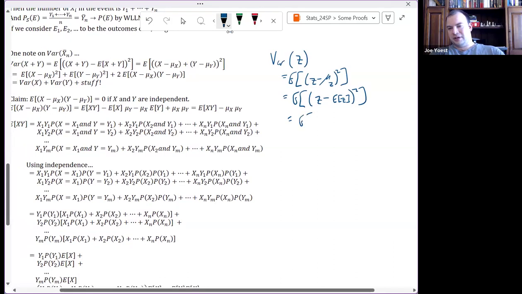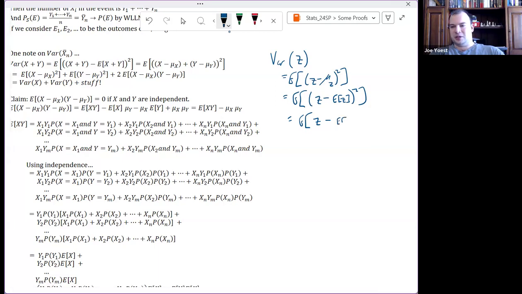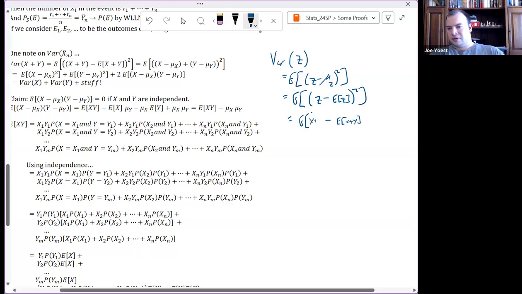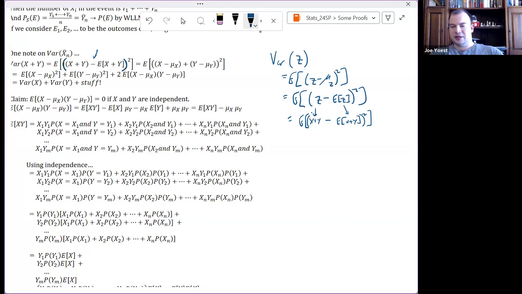Here the expected value of z is the expected value of x plus y up above, and I want to switch this z also to x plus y. So I'm swapping in z equals x plus y here. And that's what I have here. Be a little careful, there's an outside parentheses here.